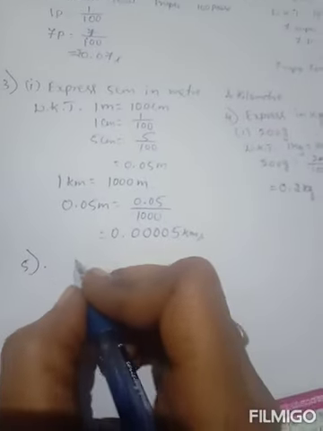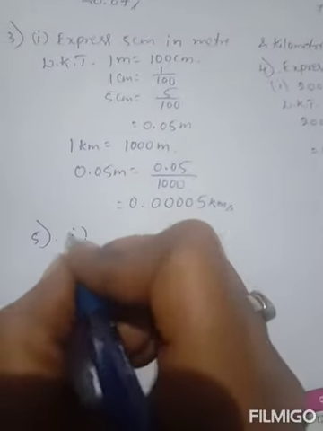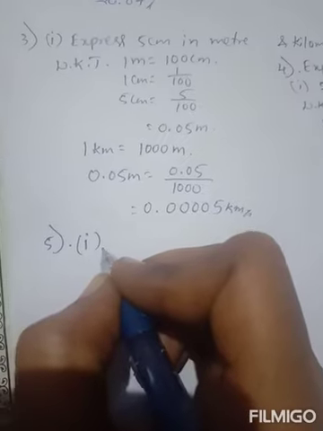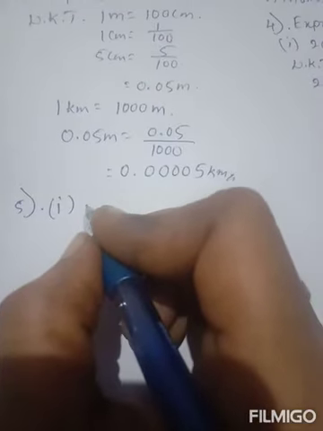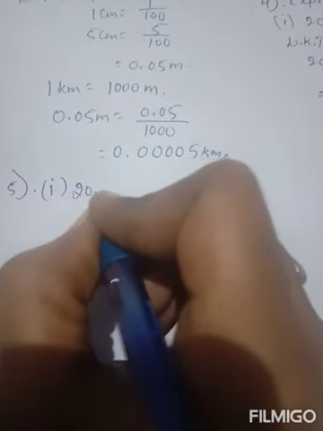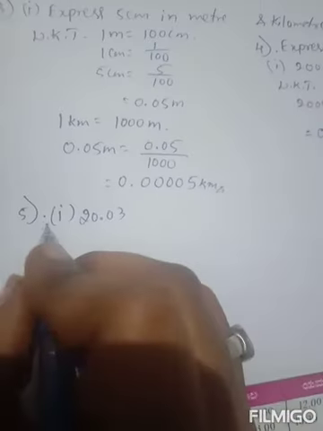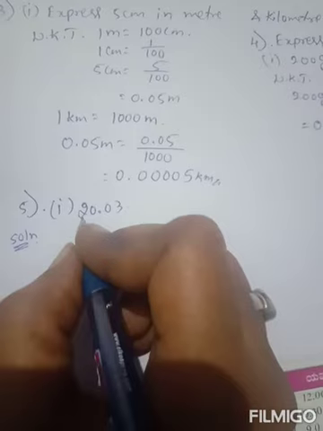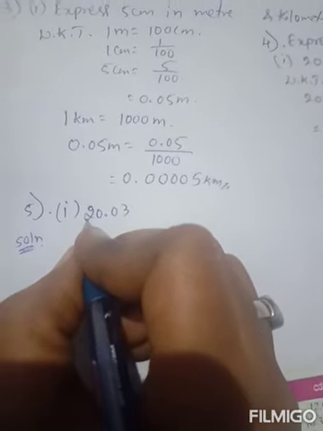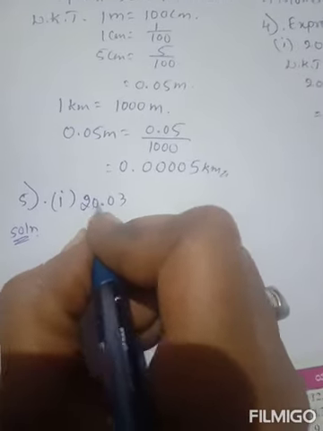Write the following numbers in the expanded form. Please keep your textbook open while seeing the videos. First one, write the following decimal numbers in the expanded form. How will you expand this one? I will show the solution. 2 is in which place? Tens place. 0 is in ones place.